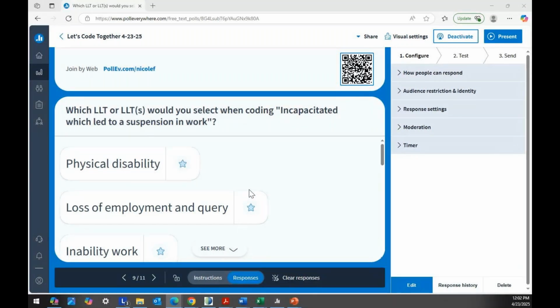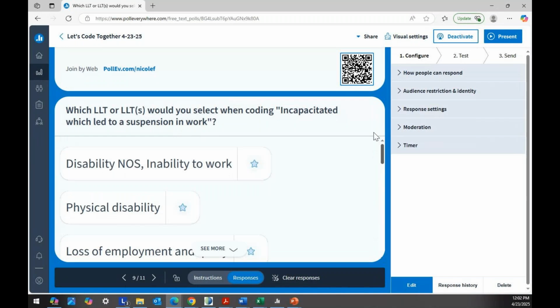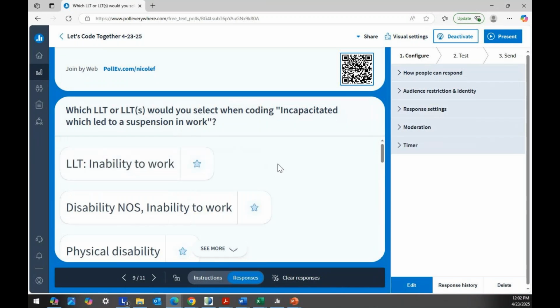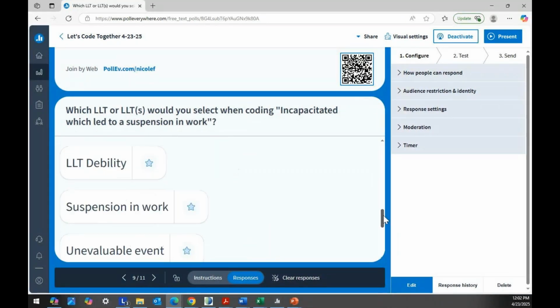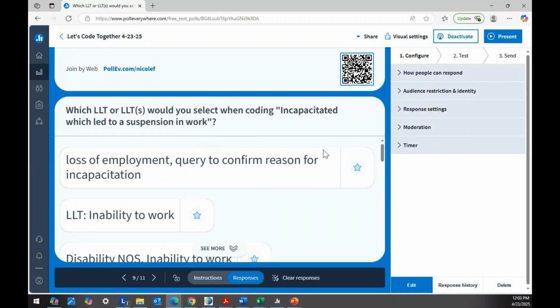Oh, okay, and query. Ability to work, okay. Loss of employment and query to confirm reason. Okay.